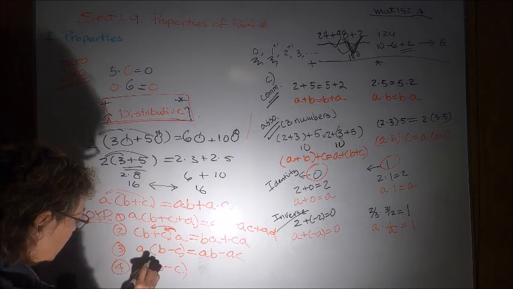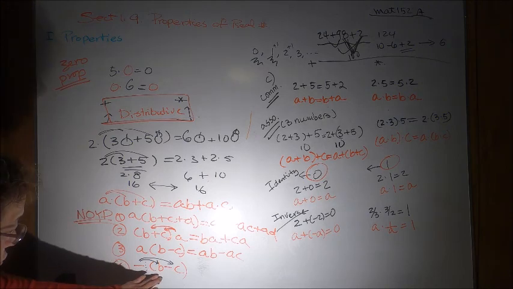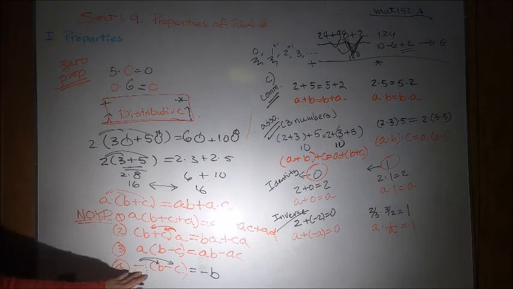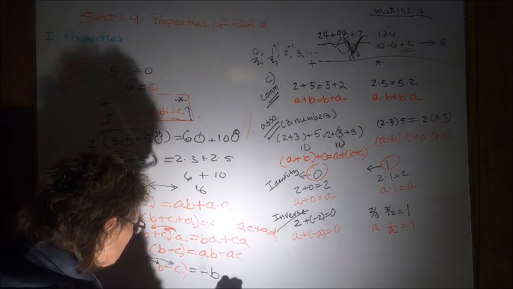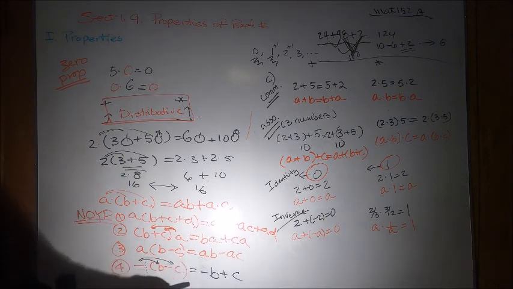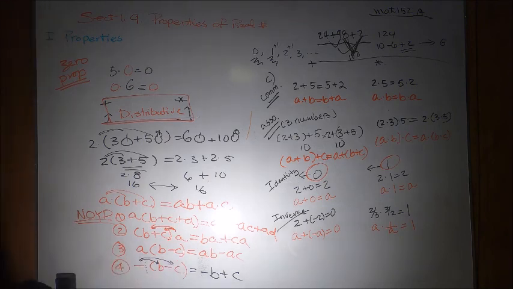If you distribute your negative sign, inside, negative applies to B, it becomes negative B. Negative applies to negative C; negative and negative change, that would be positive C. That means if you take the negative out with the parentheses, you need to reverse all the signs inside. Negative becomes positive. Good?